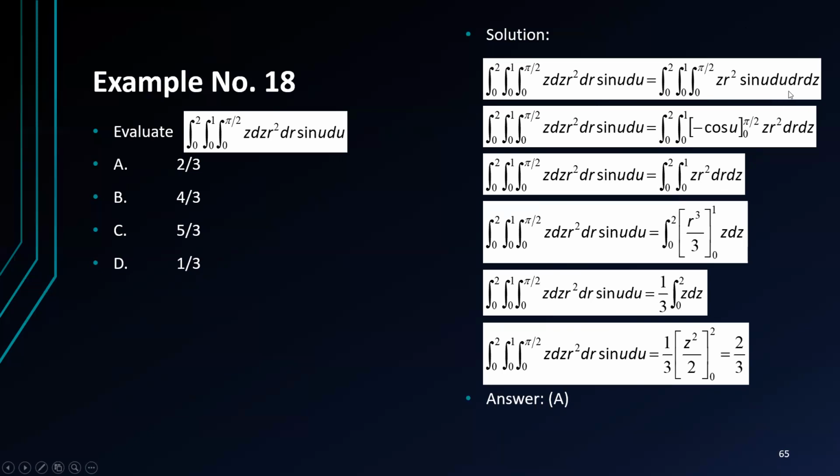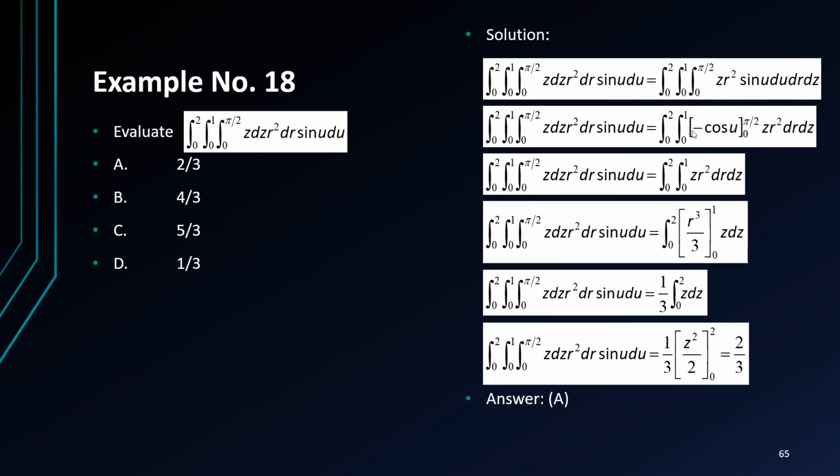Then reduce 0 to 1, then z is 2. Rearrange it. The 0 to 1 is for the radius, and 0 to 2 is for z. So arrange this properly: d theta comes first, then dr, then dz.